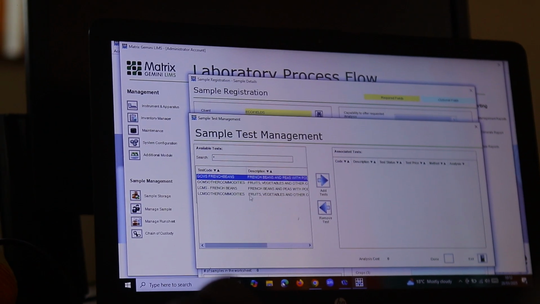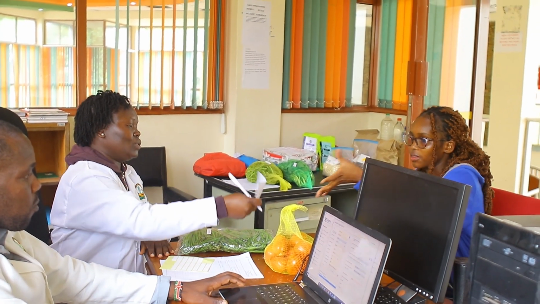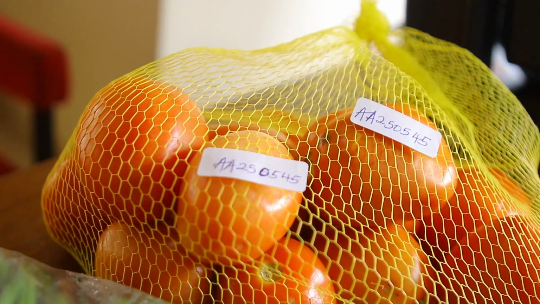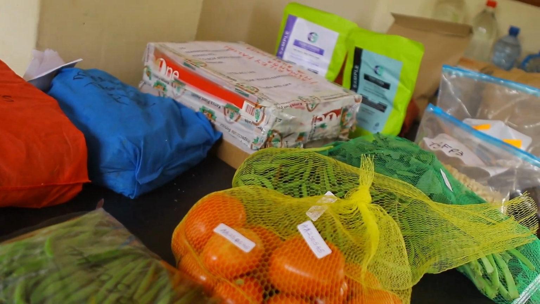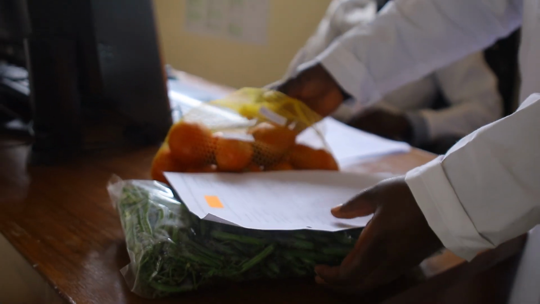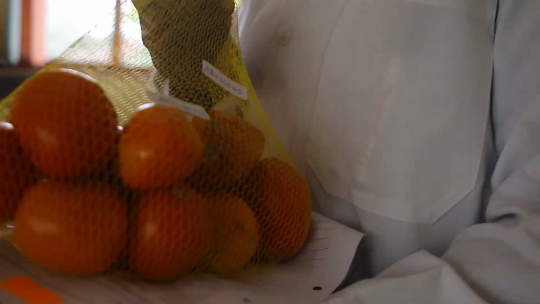With excess MRLs, there's a danger to the consumers, and it can also affect market access, because we'll get a lot of interceptions as our export produce exceeds these market requirements. Pesticide residue is one of the analytical tests which we do in KEPHIS.